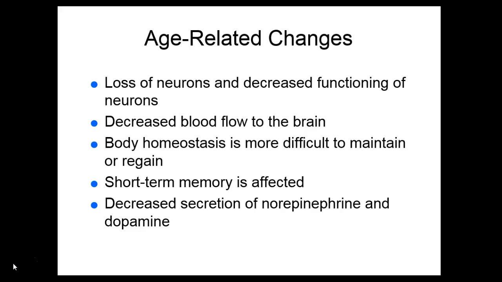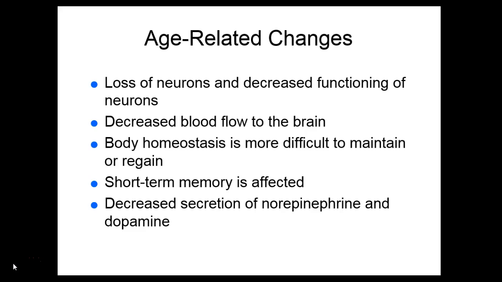Some age-related changes: as a person grows older, they have a loss of neurons and have decreased functioning of the neurons. There may be a decreased blood flow to the brain. Body homeostasis is much more difficult to maintain or to regain.